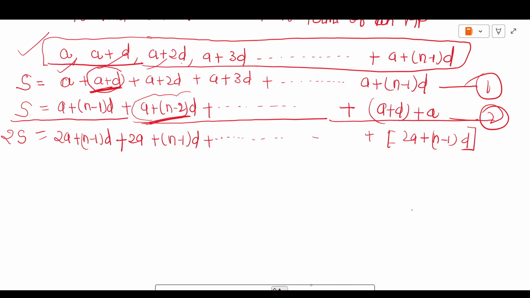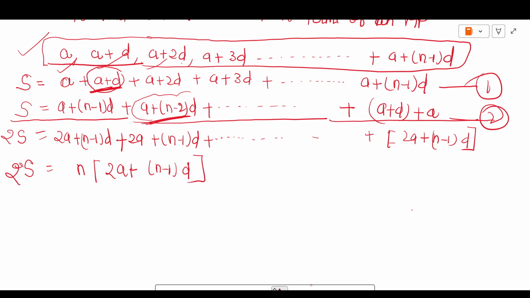So now S is equal to... further, when you solve this, you get 2S is equal to n into (2A plus (n minus 1) into D).